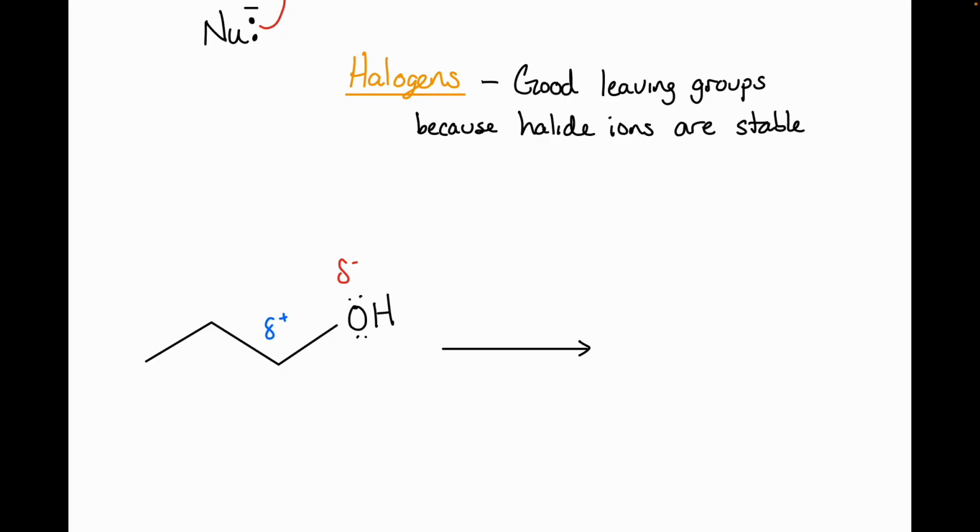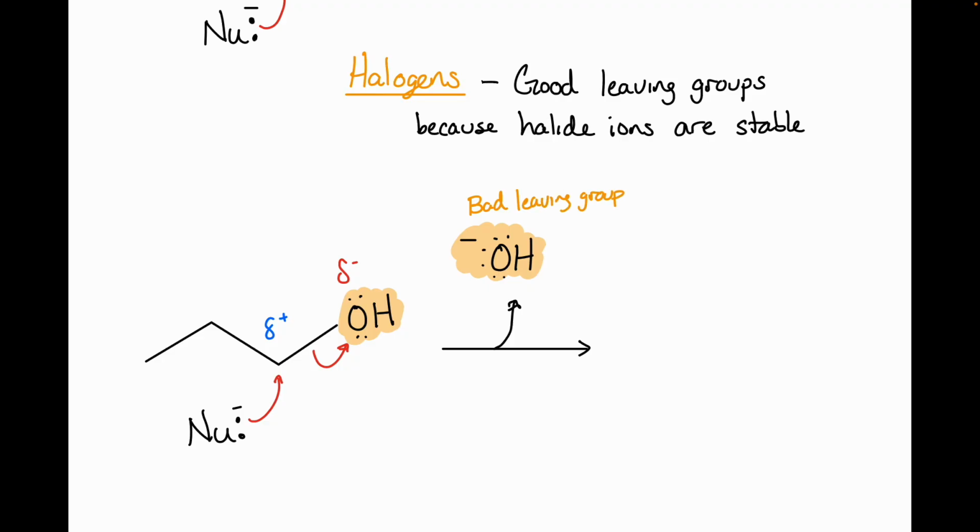If we tried to play this same game where we had some nucleophile do the attacking, we would have to kick off this thing here. All right, and if we kick this off, we're kicking off a hydroxide ion. And this thing here is a bad leaving group. What do we know about hydroxide ions?